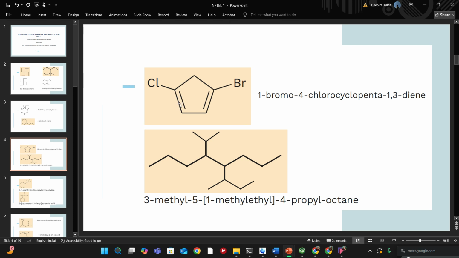So suppose we want to assign higher priority to this multiple bond, then the numbers of the substituents will be 1, 2, 3, 4 in such a way, 2 and 4. Or if we want to go in this direction, then it will be 1, 2, 3, 4. But the alphabetically first substituent will be given the lowest number in this case.